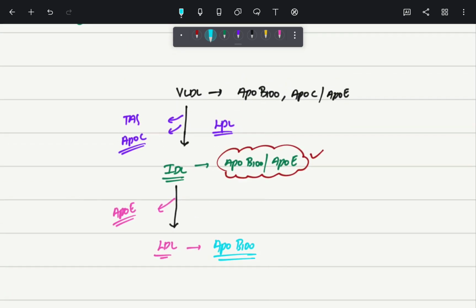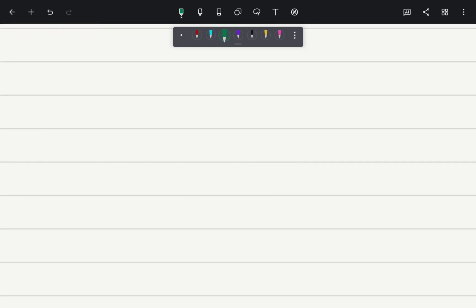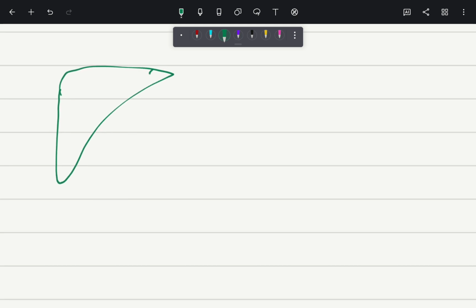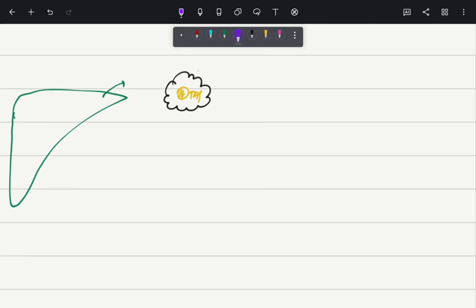So please take notes of this one. This is very, very important. Don't worry, I will draw the entire diagram once again so it will be clear for us. So this was the liver, and the liver was synthesizing nascent or immature VLDL, which had triacylglycerol as the main component.